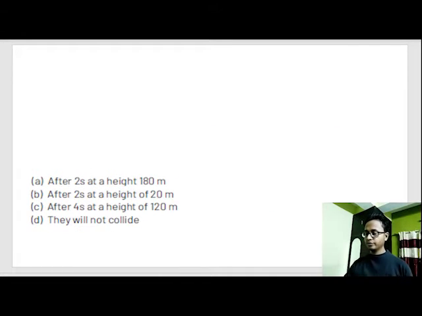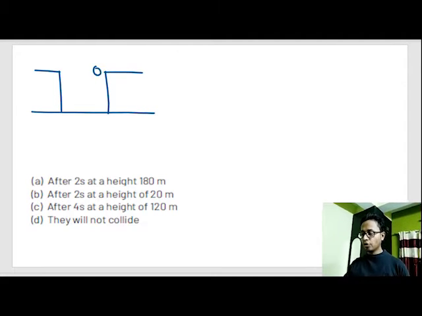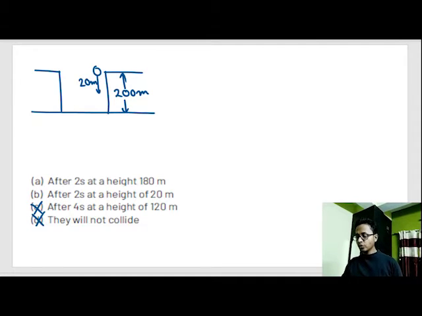In those 2 seconds the ball travels downward 20 meters, and the height of the building was given as 200 meters. So let's check the options. After 2 seconds, so 2 seconds is correct, at a height of 180 meters and a height of 20 meters.